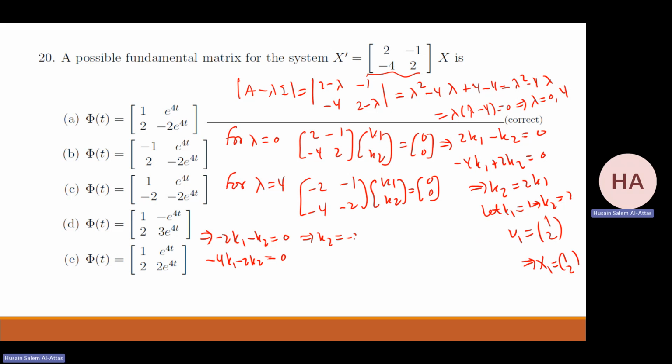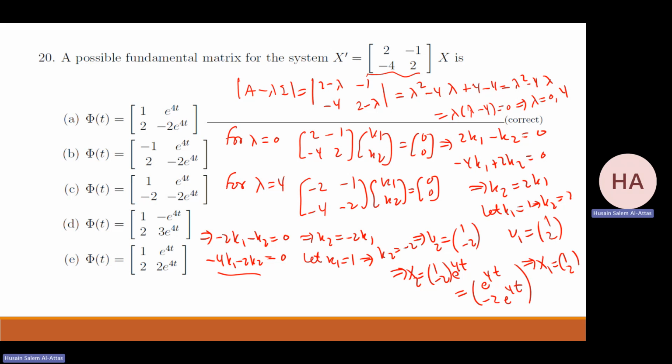So I have k2 equals minus 2k1, and this is the same equation. So let k1 equal 1, so k2 equals minus 2. So v2 will be [1, -2], and x2 is [1, -2] e to the 4t, which is e^4t, minus 2 e^4t.